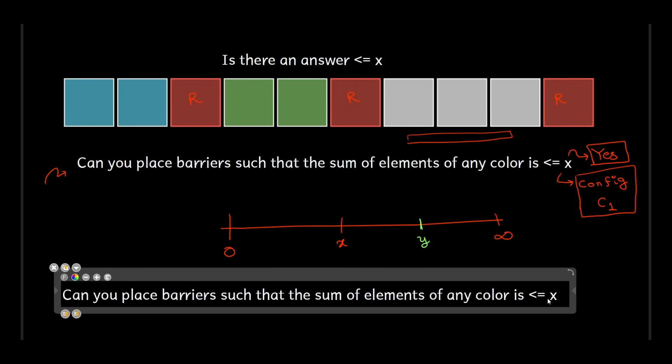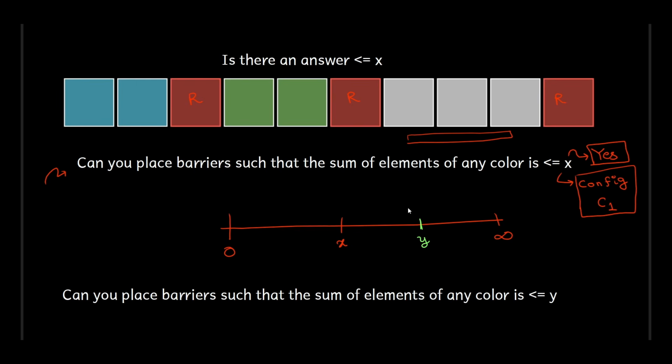Is there a way to place the barriers such that the sum of the elements of any color is less than or equal to y? So, what do you think the answer to this question is? Is it yes, no, or maybe?